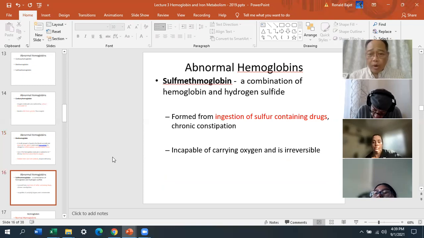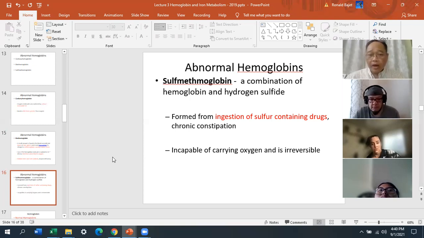The final abnormal hemoglobin is sulfhemoglobin. It's a combination of hemoglobin and hydrogen sulfide. This is an acquired hemoglobin, where you can get it from ingesting sulfur-containing drugs. If you take enough of these sulfur-containing drugs, your hemoglobin is incapable of carrying oxygen. If you're not capable of carrying oxygen, you're not going to be delivering it, and that becomes a situation incompatible with life.